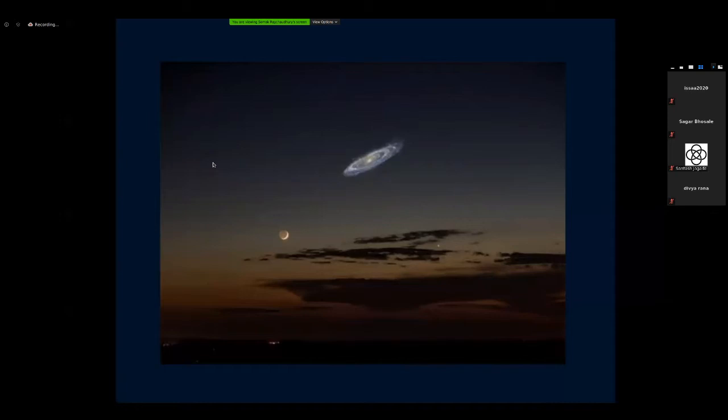Even from, say, our observatory site 100 kilometers from Pune, or from GMRT, or places where there aren't too many street lights, if you look up at the sky, you can spot Andromeda with the naked eye. You won't see the whole size of the 4 degrees, but you can probably see the central bit.